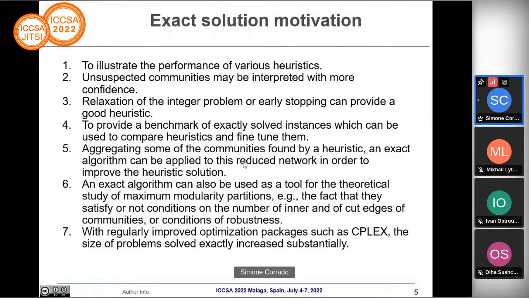And with recent advances in optimization techniques and in optimization packages such as CPLEX, larger and larger networks can be solved to the optimum.